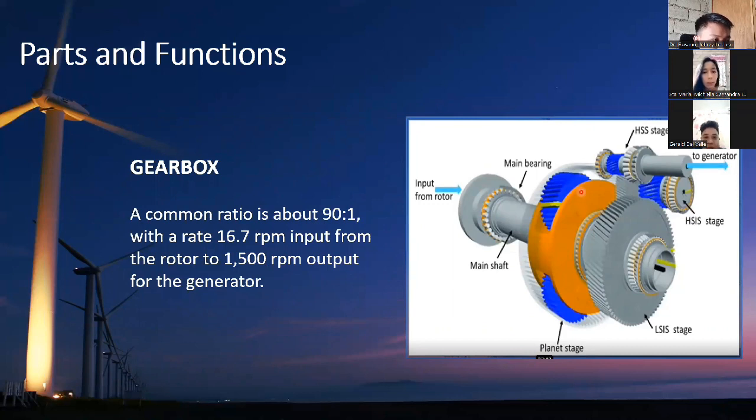So this is a sample of a gearbox, its inside. Then, a common ratio is about 90:1 with a rate of 16.7 RPM input from the rotor to 1500 RPM output for the generator.